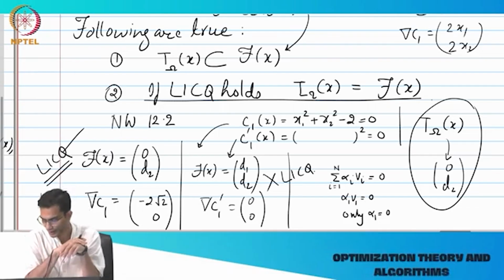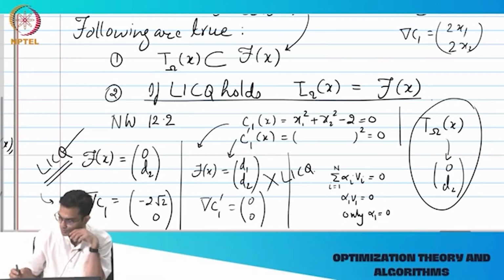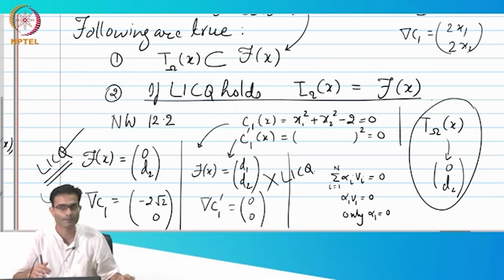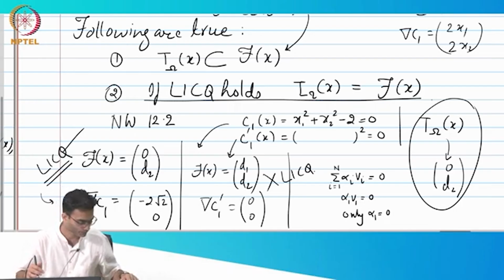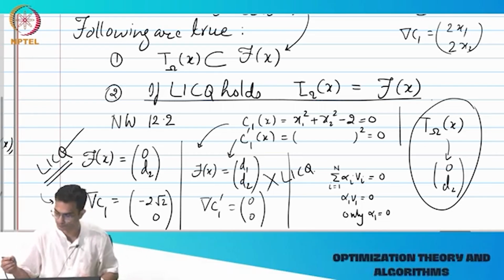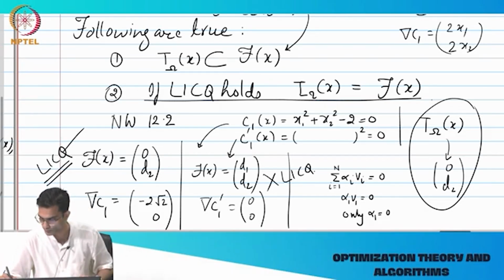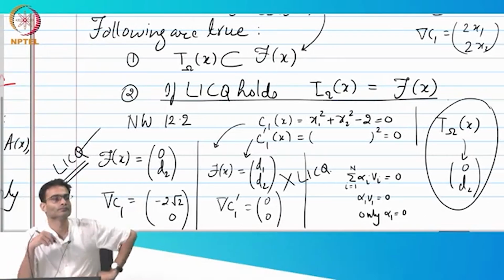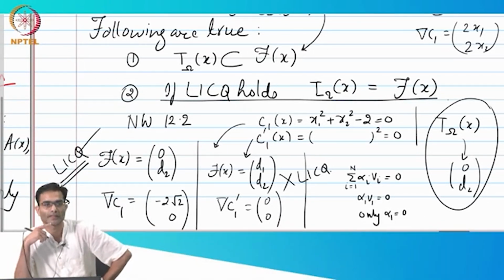It is a little funny that our summation boiled down to just one term, but once you get past it, you can see linear independence. Any questions on this? Okay.